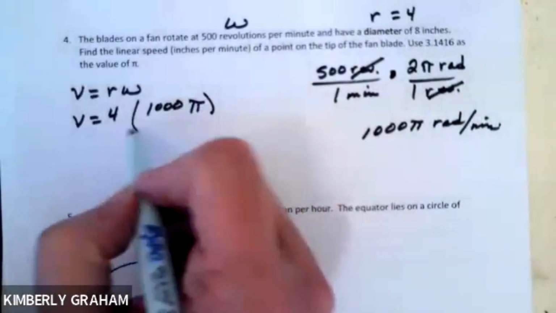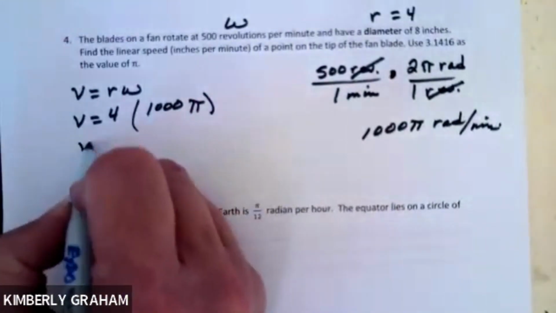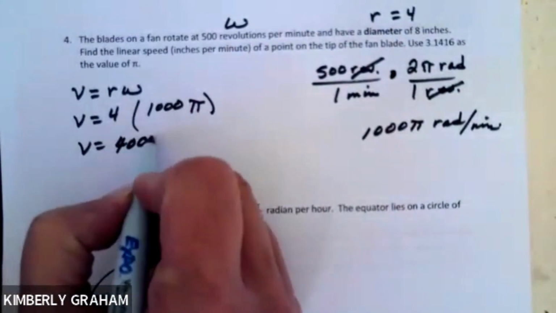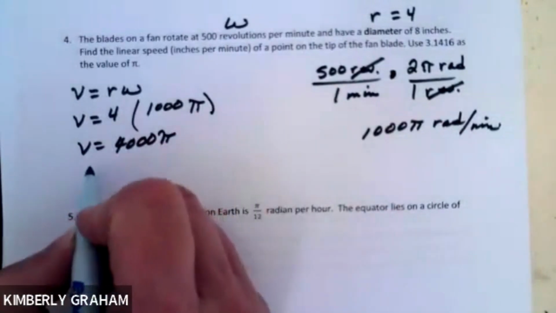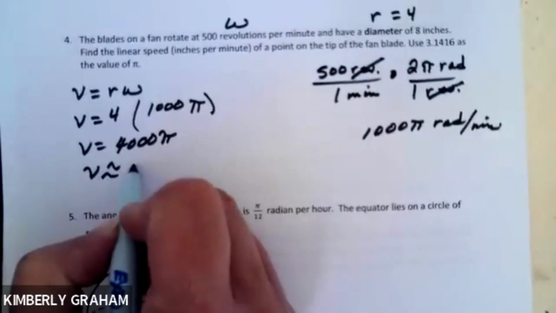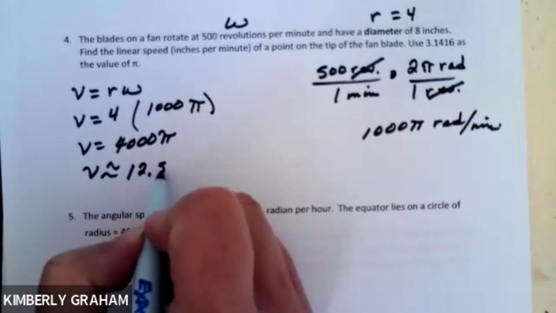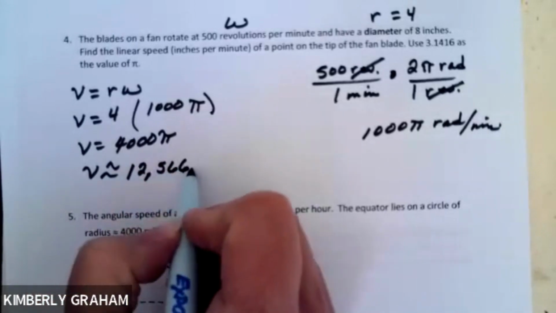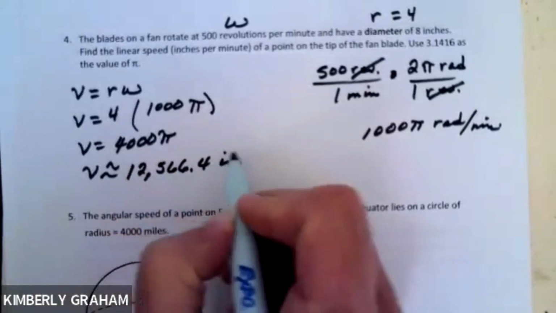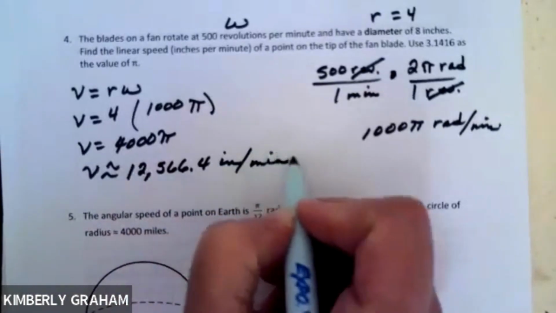So when I multiply 4 times 1,000 pi, I get 4,000 pi, and that is going to be approximately 12,566.4 inches per minute.